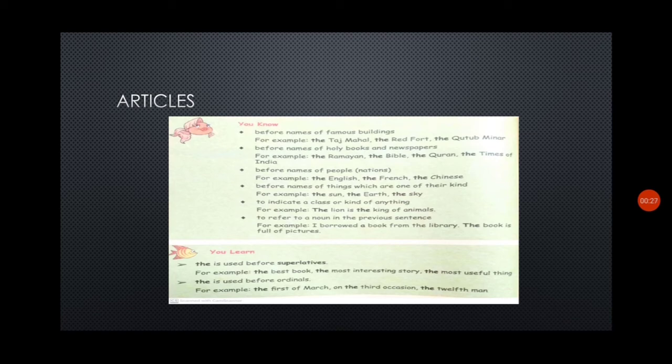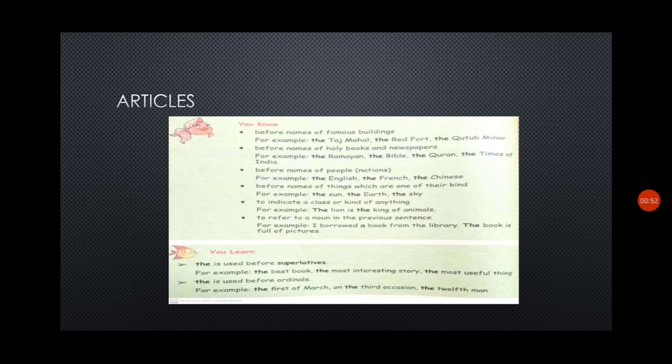Before the names of people or nations, for example, the English, the French, the Chinese. Before the names of things which are one of their kind. For example, the sun, the earth, the sky, they are unique, okay, and they are one of their own kind.